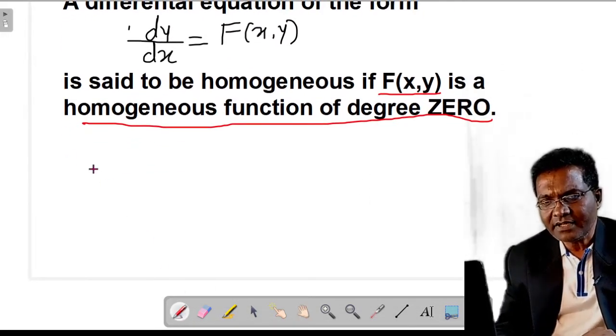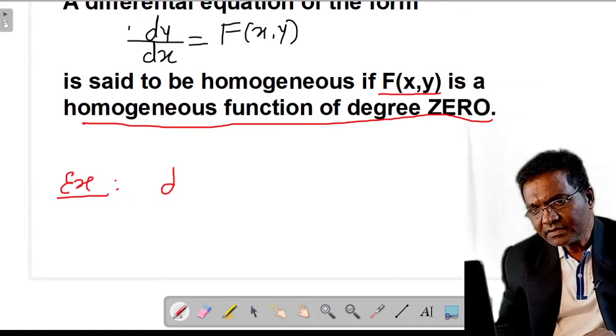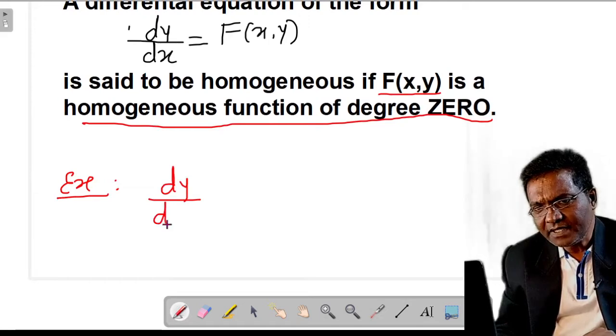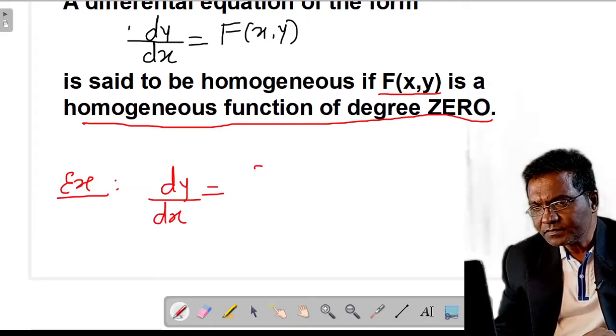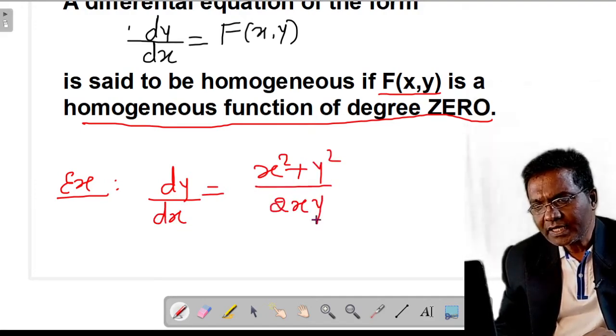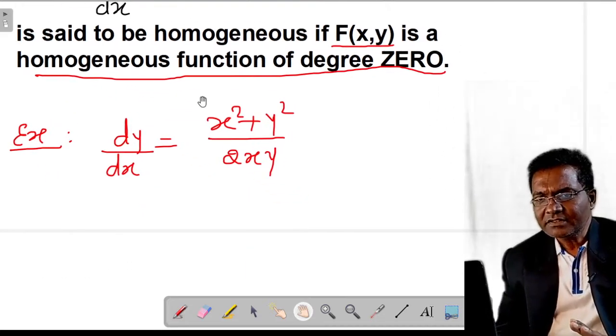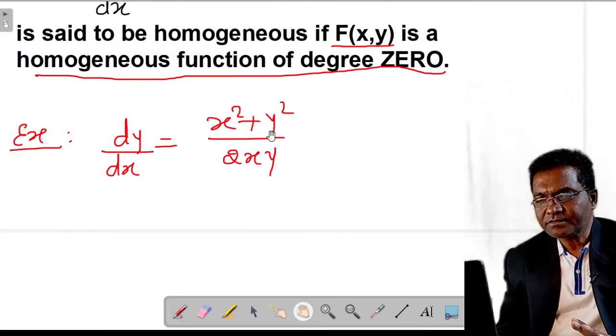So let me give an example. See here, suppose dy by dx is equal to x square plus y square by 2xy. Okay, now see here, this is your f of xy.